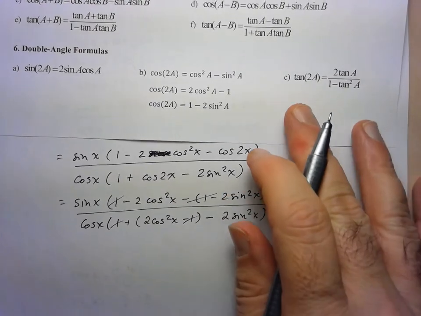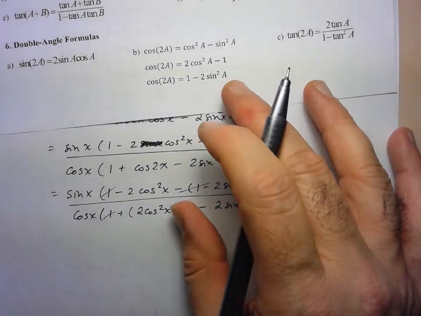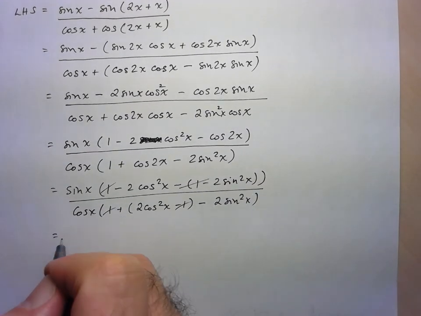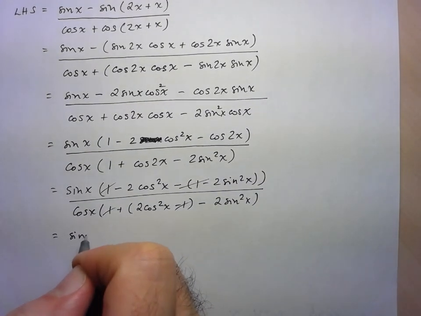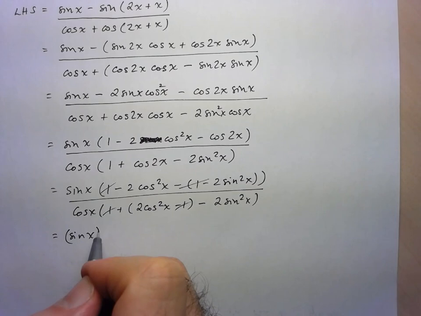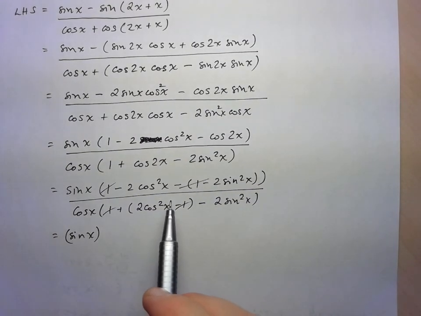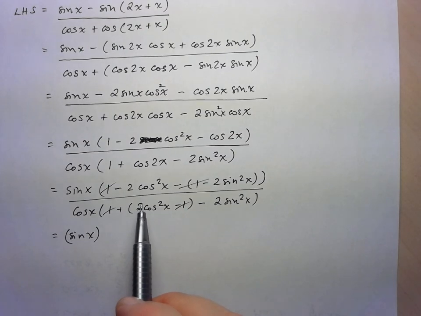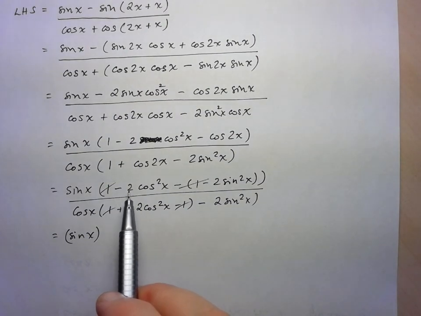So the question is, can we work the other stuff? Can we work some magic here? Well, let's see what we're left with. So we have sine x. Okay, put it in brackets because I think I'm going to be doing some factoring here. And I notice that I've got a negative 2 that I could factor out.